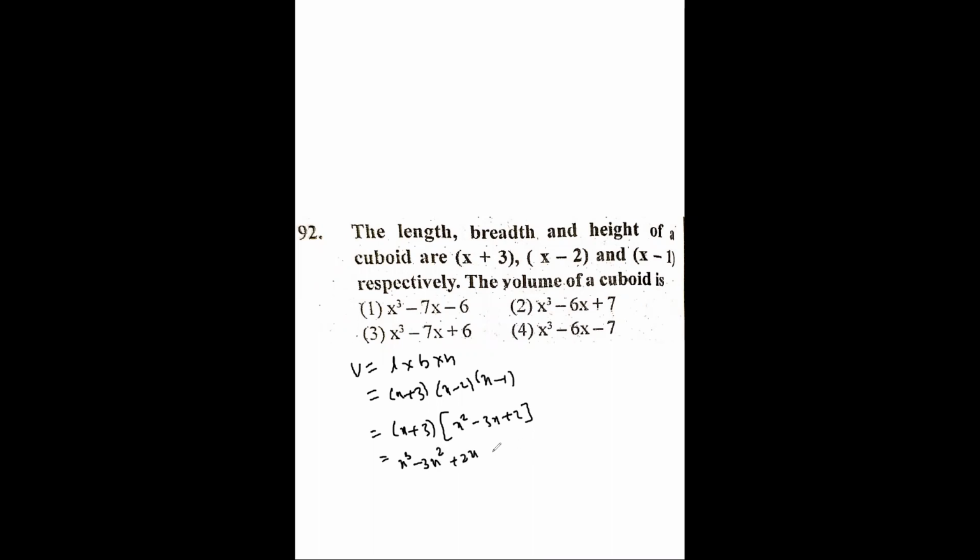And when we multiply the same term with 3, we get 3x square minus 9x plus 6. So plus 3x square and minus 3x square will cancel. So the final answer we get is x cube minus 7x plus 6, option 3. Okay, option 3 gives us the right answer.